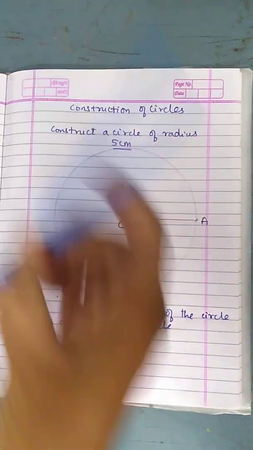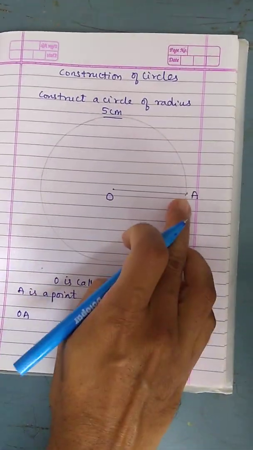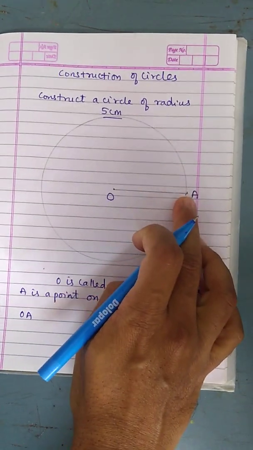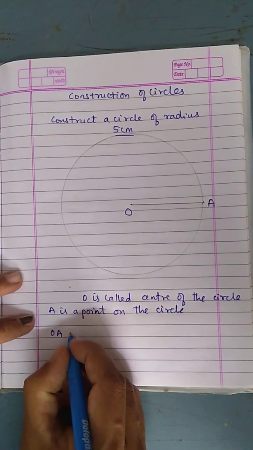Let me tell you one more important thing, O and A. This OA has been joined with a line segment.